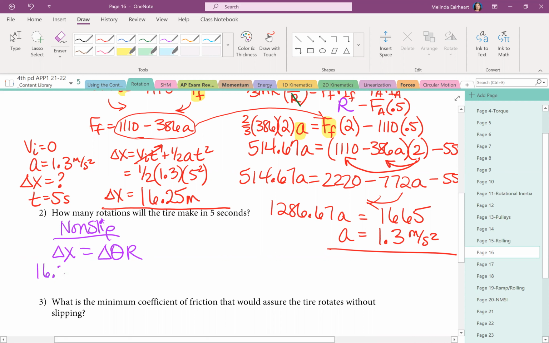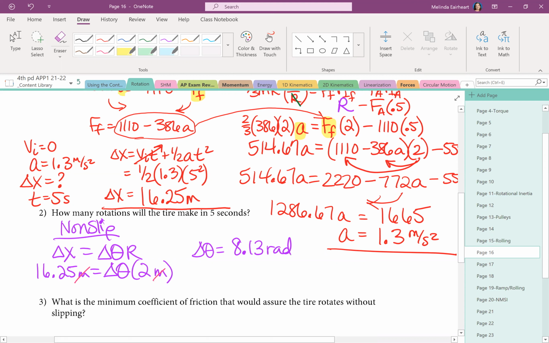And so 16.25 meters, we're going to solve for the angular displacement, and the radius is 2 meters. So I showed my units here. Meters is going to cancel. And when we divide that, what do we get? 8.13-ish. Unit? Radians. Now that's not what they asked. They said how many rotations.